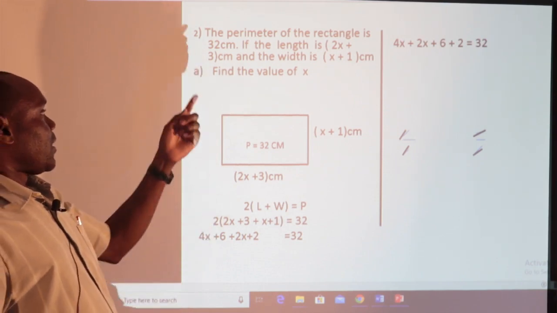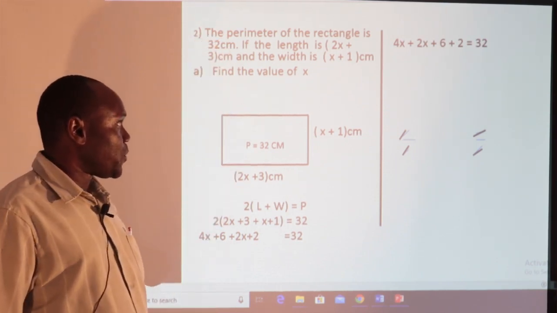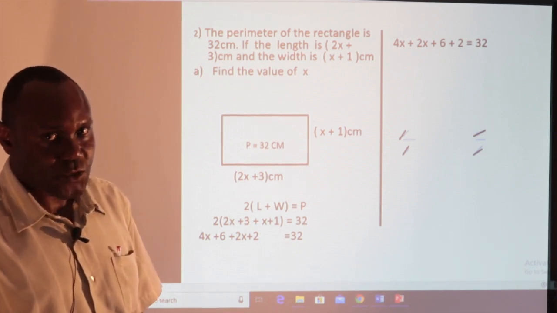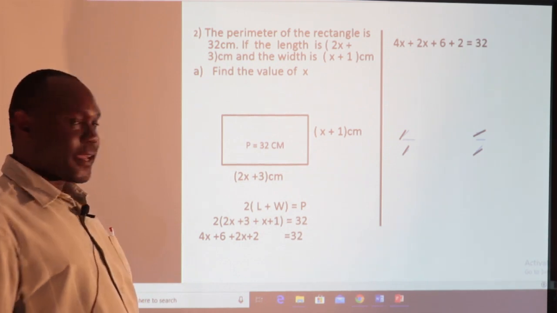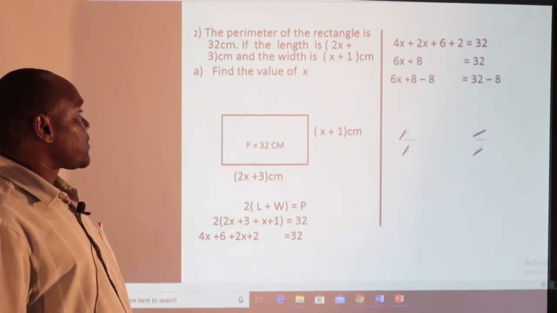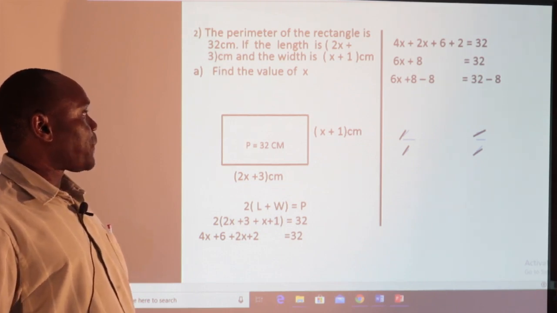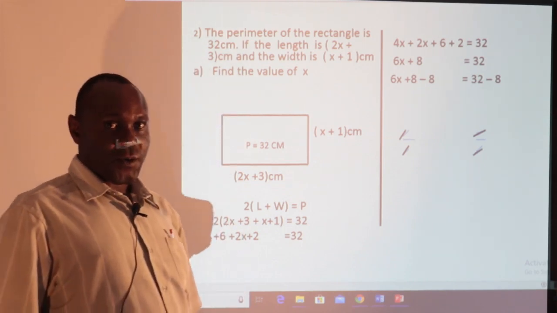So we have now 4x plus 2x plus 6 plus 2 equals 32. We are collecting like terms. So we have 6x plus 8 giving us 32.